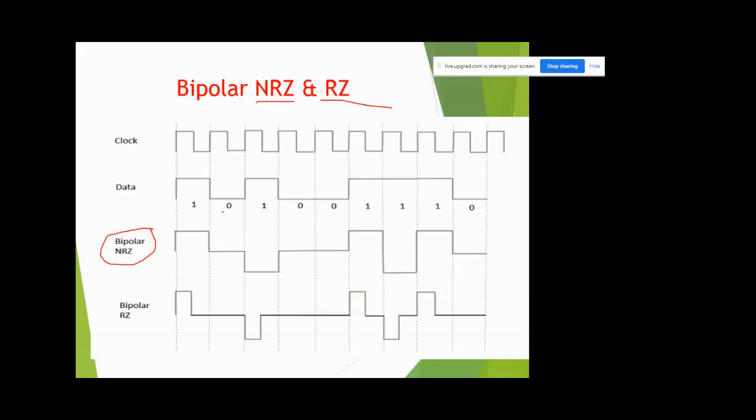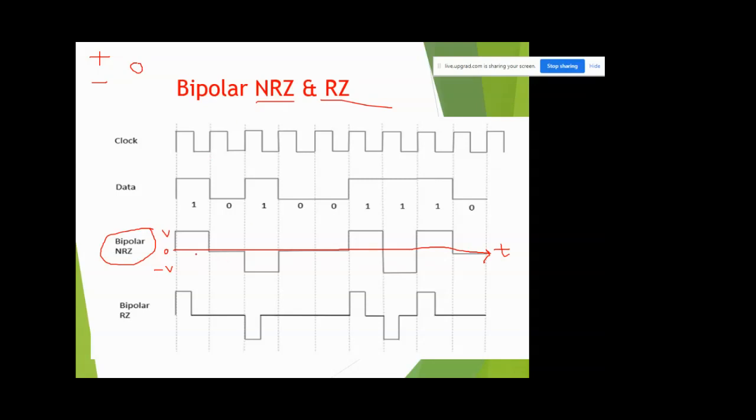Here we have a sequence 1 0 1 0 0 1 1 1 0. You can see for bit 1 it is plus V, and it is minus V. I'm drawing this timeline T. Now for bit 1 we have a voltage V. For bit 0 it is 0 voltage, but as I said, in bipolar 3 polarities are there, plus, minus and 0.